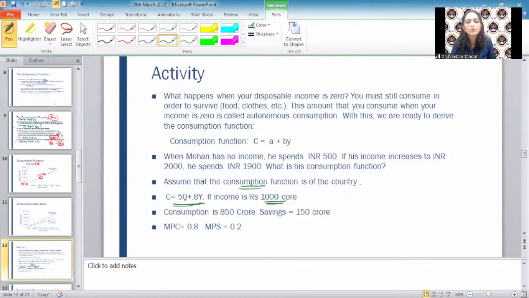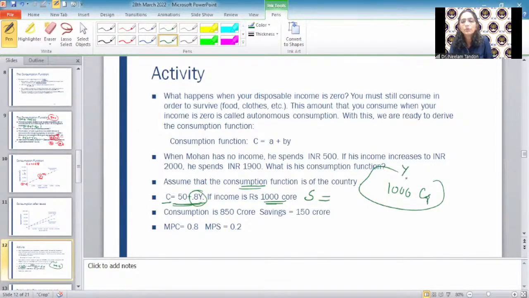You can find out the value of MPC in this case. MPC is 0.8. You can find out the value of consumption by putting the value of 1000 crores here. You will get the value of consumption. If they ask you to find out savings, savings will be, once you know this consumption, income is given 1000 crores.